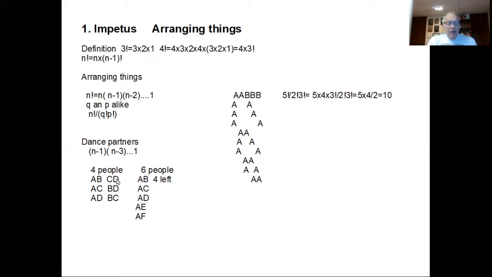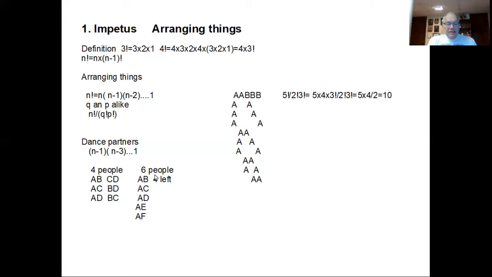And of those 2 people, they have no choice, they're going to be partners. Well, A can pick any one of the 3 remaining people. But then once that's done, the next person can't pick themselves, nor the 2 that you've picked. So we go down to 3 less than n, and so on down the line.